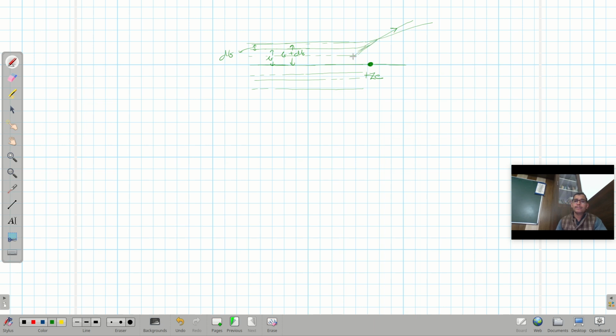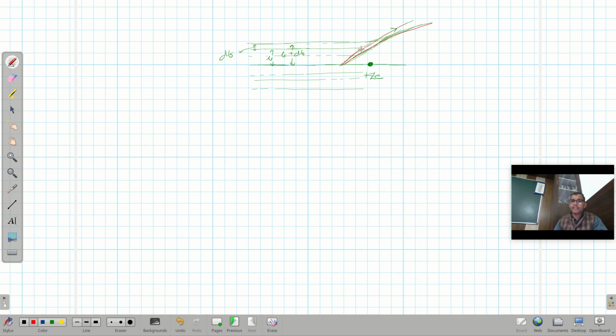And let me redraw this backward. So if I redraw it, it will go like this. So it will go this way and this will go this way.